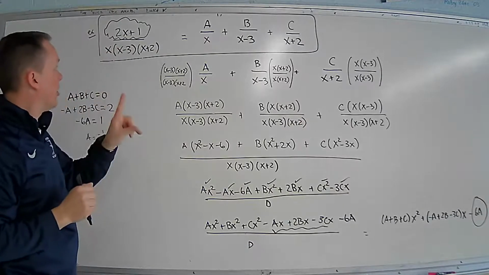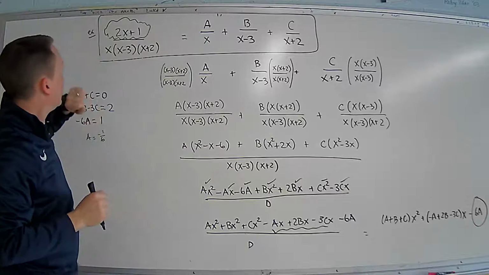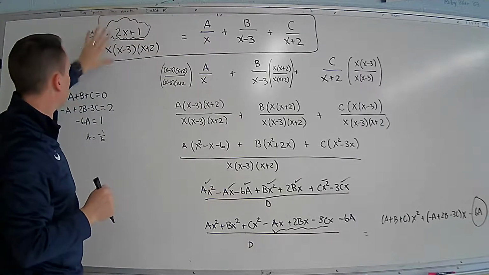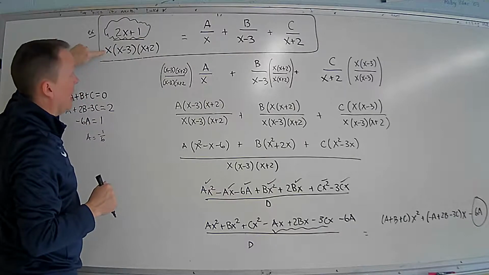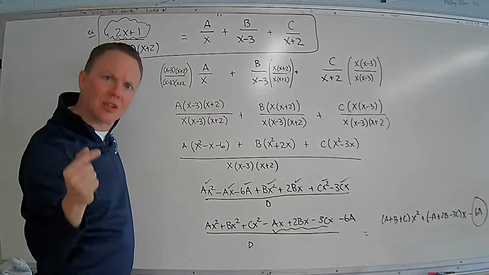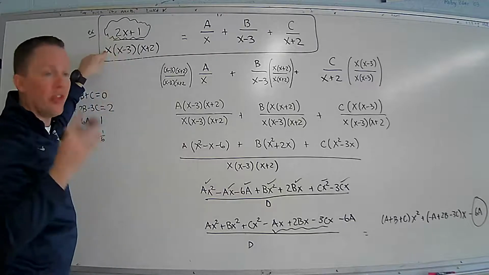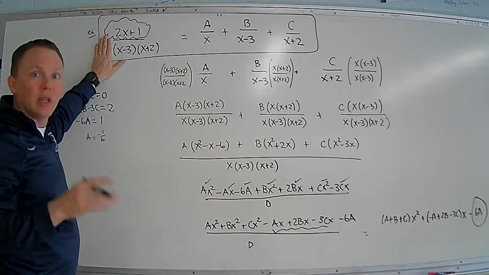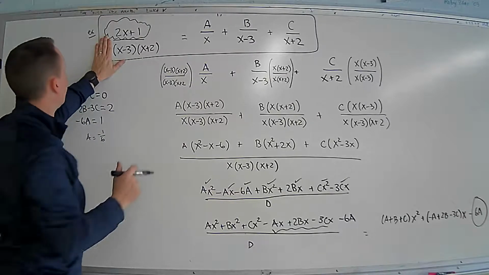Okay, ready? Here we go. So a is over x, all right? So then what you do is you go back to the original problem, this original structure here, and you say, okay, I'm going to look at this factor x because that's what a was over. And I'm going to say to myself, what makes that factor 0? And the answer is 0, all right? So then what I'm going to do is I'm going to cover this up imaginarily, and then I'm going to plug in 0 for x everywhere else.